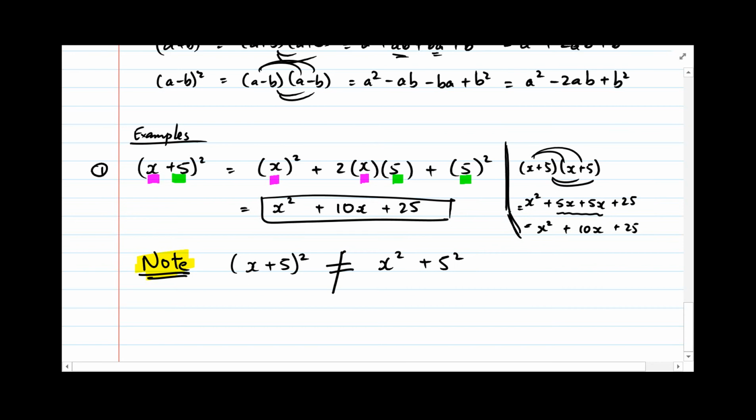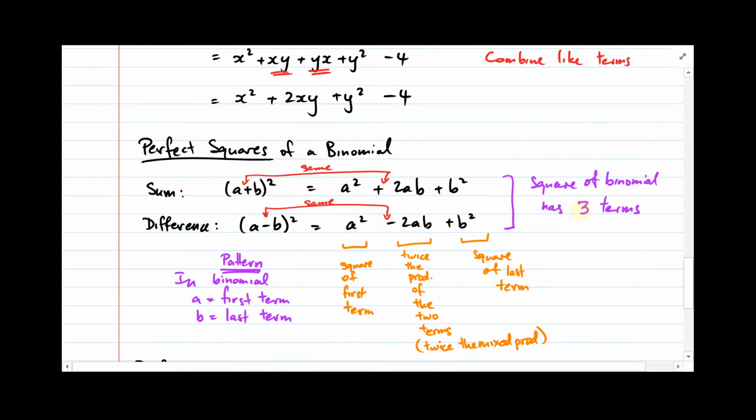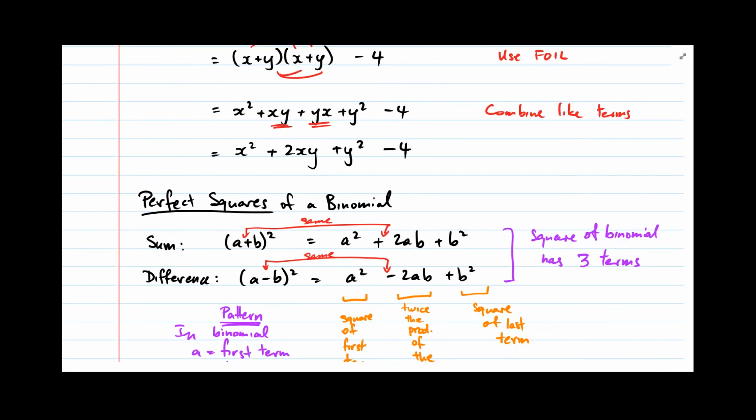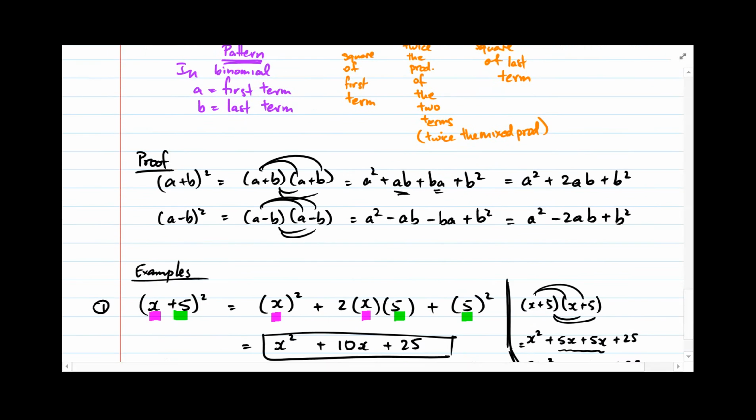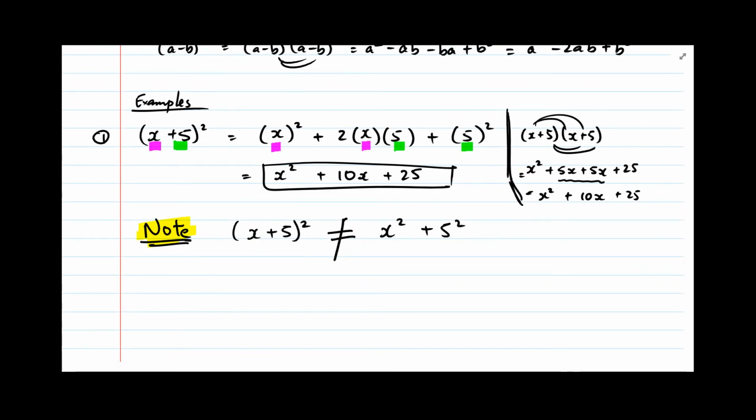This is why when I started out up here, I said that the square of a binomial has 3 terms. So it's important that you remember that all the time and recognize that the square does not just distribute across a plus or a minus sign. So none of this. Make sure it's not equal to.